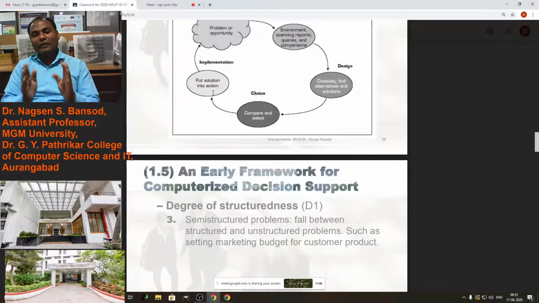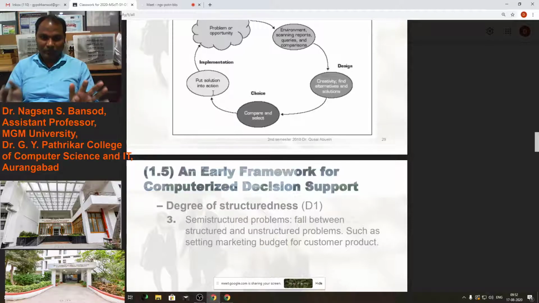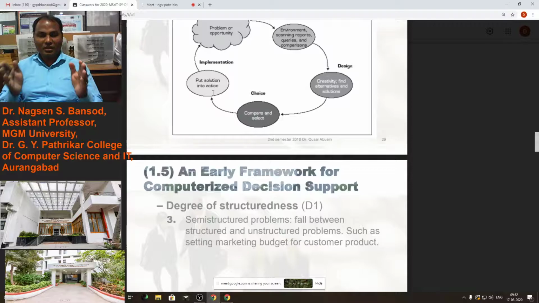But if you are not using this model, then it will not be useful. To make it useful, you have to use that model. Everyone should use the model which you have made and applied.